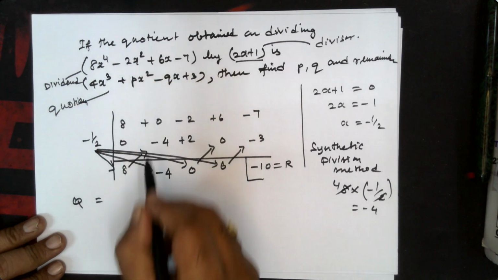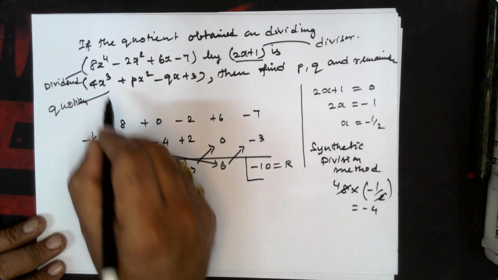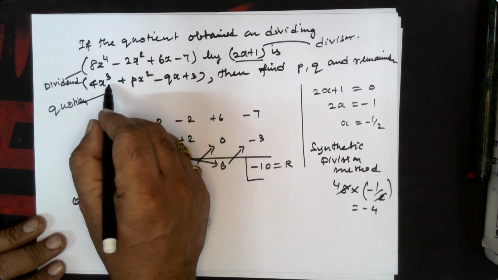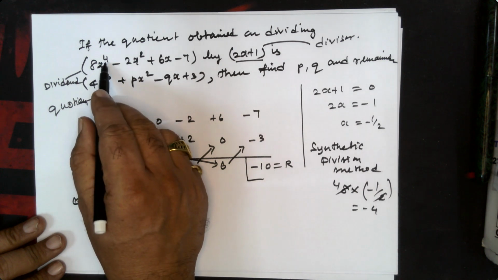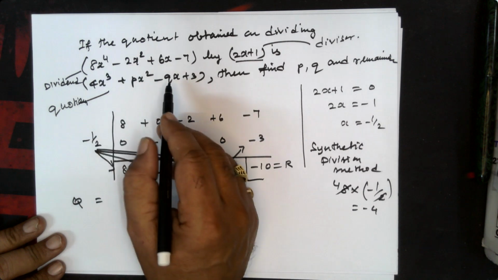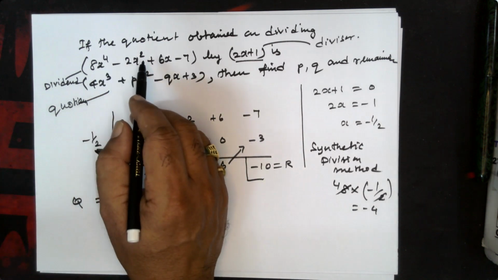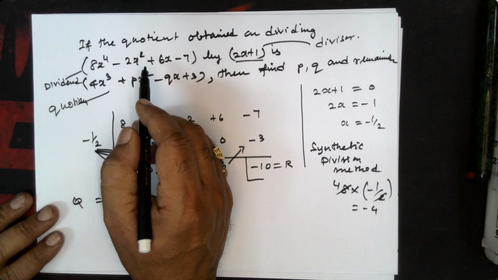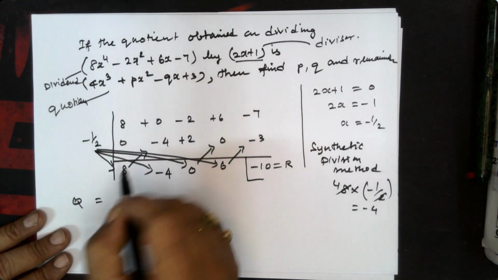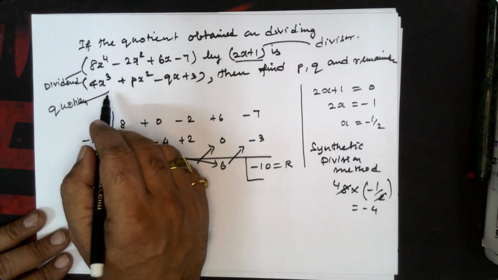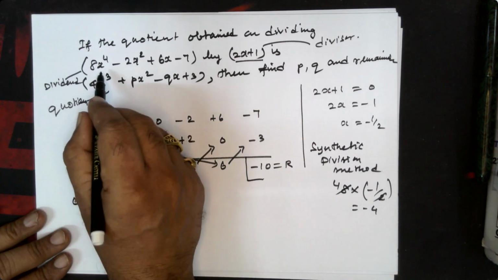What you have got is 8x, quotient is 4x cube. And how are you able to get this 4x cube? That should have been multiplied by 1 by 2.